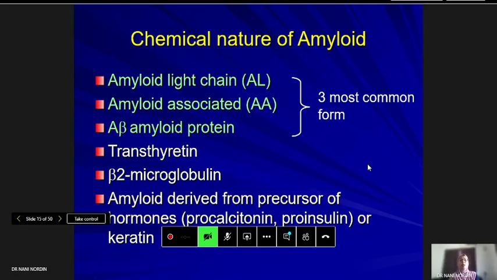So there are a few organs or tissues which can produce hormones, which tend to produce amyloid protein. All right, the main ones are these three: AL protein, as the name given, light chain protein. These are from light chain. Where can you find light chain?